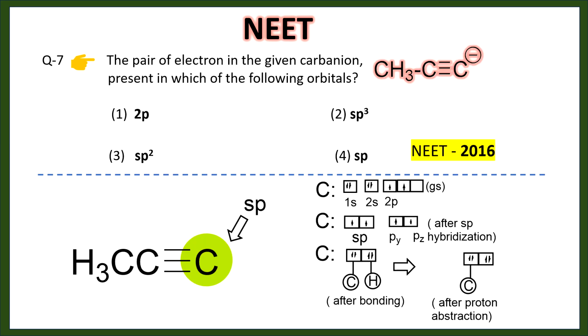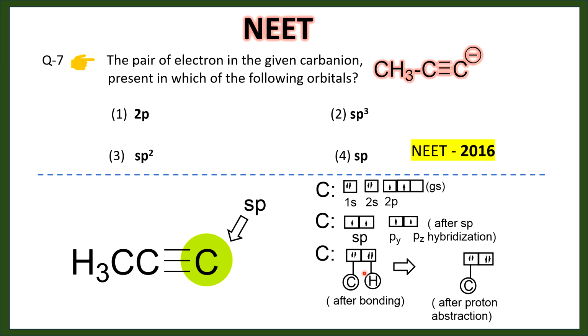Now coming to question number 7. The pair of electrons in the given carbanion is present in which of the following orbitals? These are the options given. Let's see. As this carbon is attached with a triple bond, that means this is sp hybridization. Now see how this carbanion generation happens. This is the carbon ground state electronic configuration, and after sp hybridization, 2 unhybridized p orbitals remain for the pi bond.